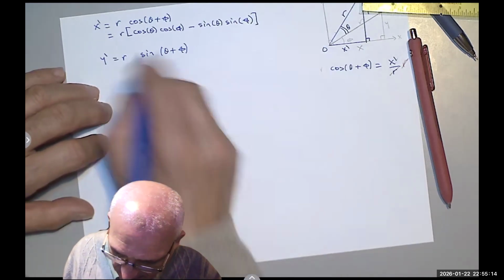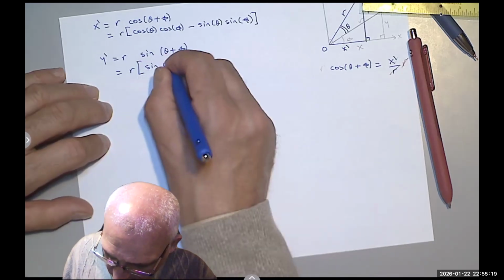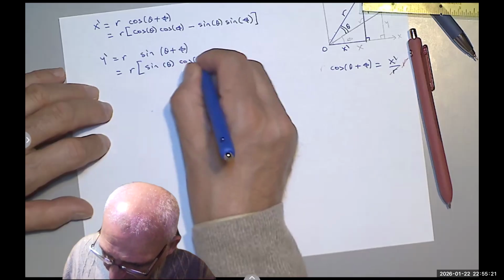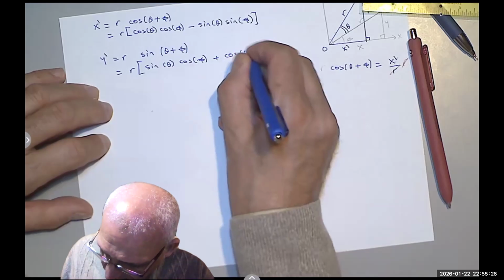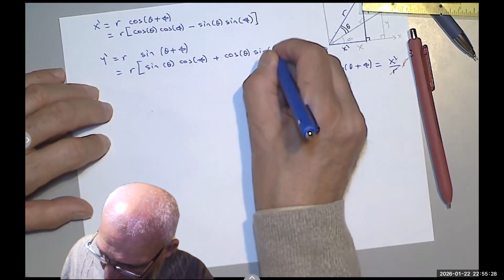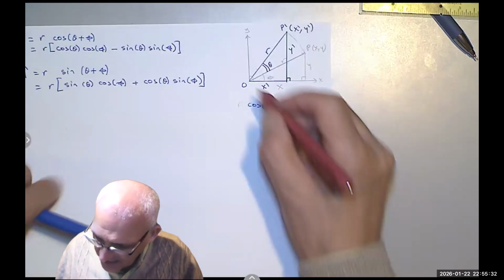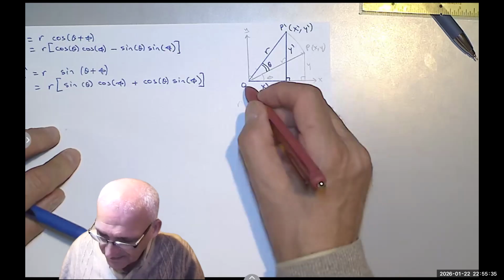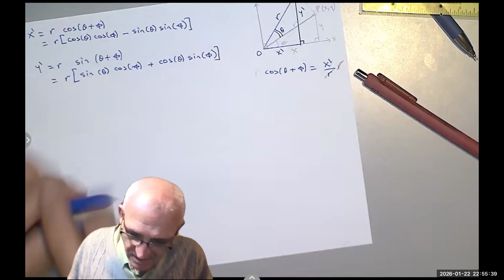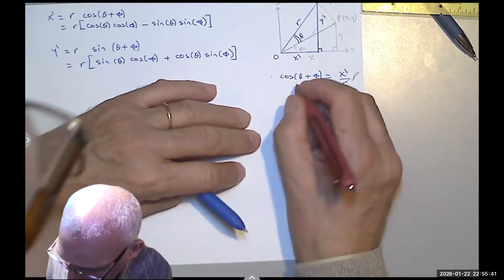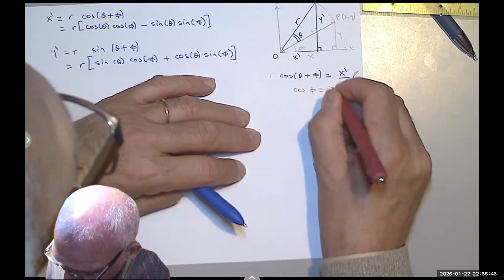Likewise, the sine, to expand it, you get sine theta cos phi plus cos theta sine phi. But in this triangle, cos phi is X over R, right? cos phi equals x over r.